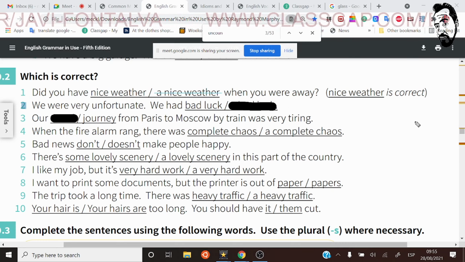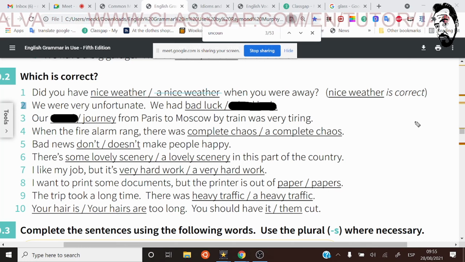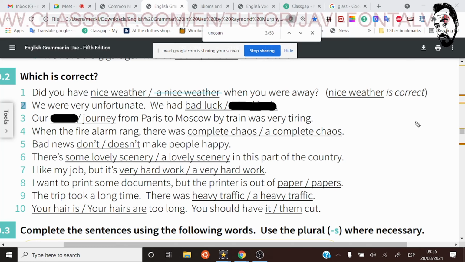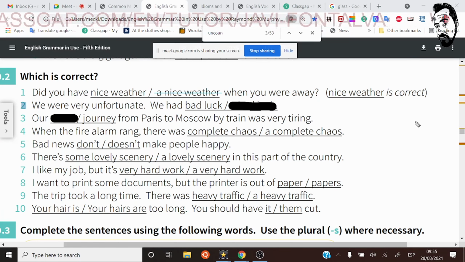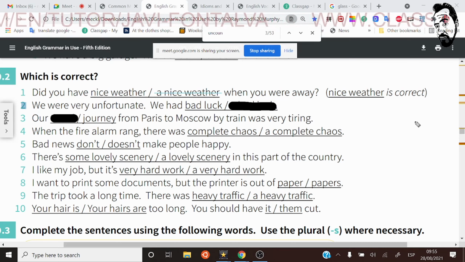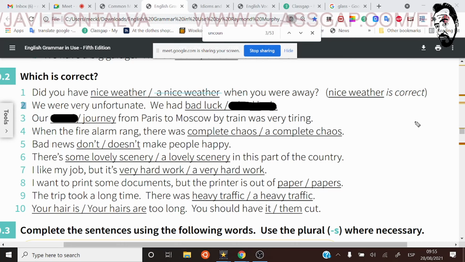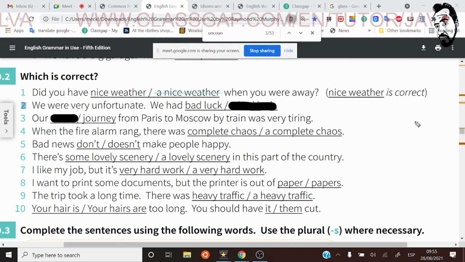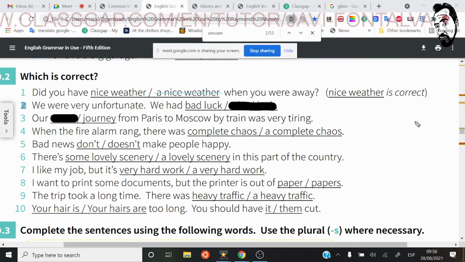Here we talk about going from one place to another. Journey always talks about going from one place to another, and trip is the whole experience. So for example, you can say a trip to Paris. If you say I had a trip to Paris, it means everything you did.